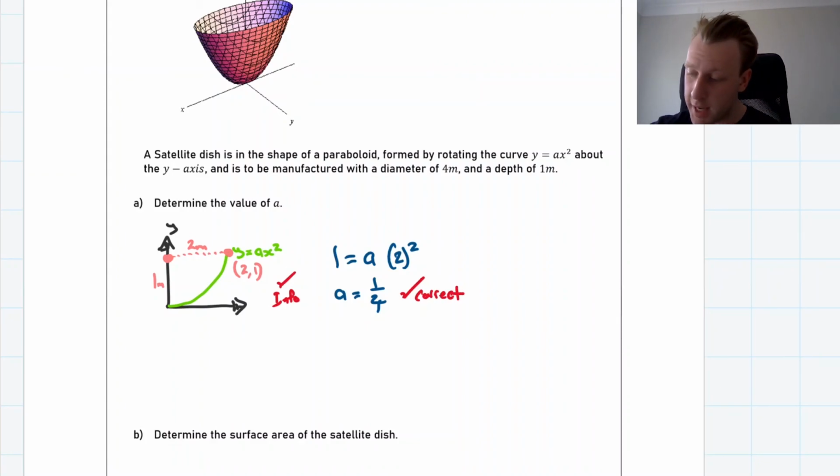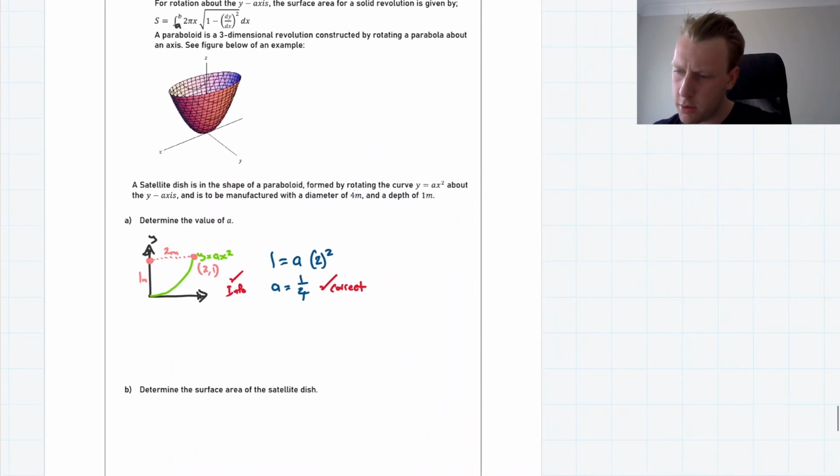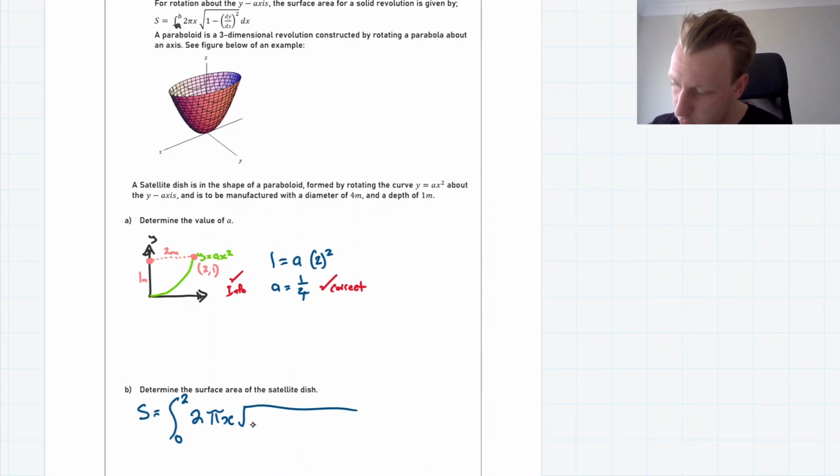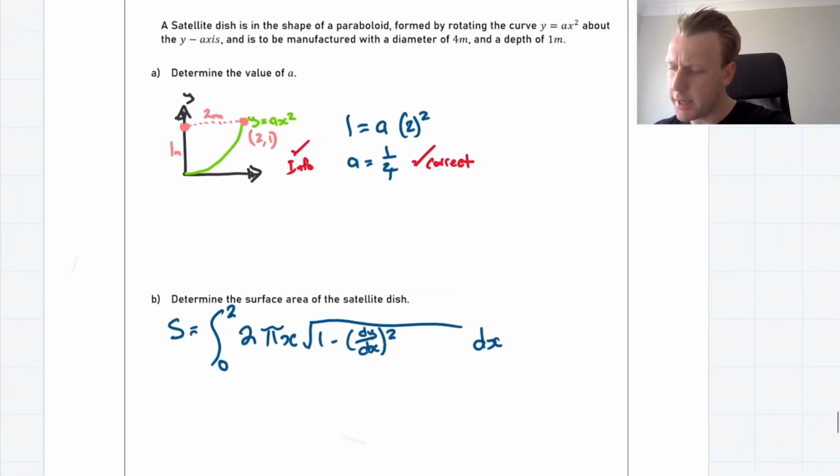Determine the surface area of the satellite dish. So I'm told that the surface area, S, is equal to the integral from A to B. In this case here, it's going to be from 0 to 2 of 2 pi x inside the integral of 1 plus dy dx, square that, dx. Okay, a couple of things here.